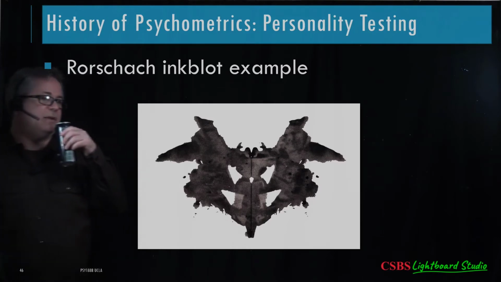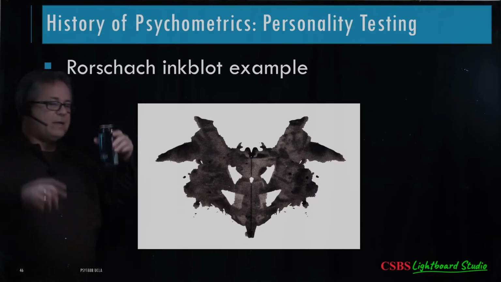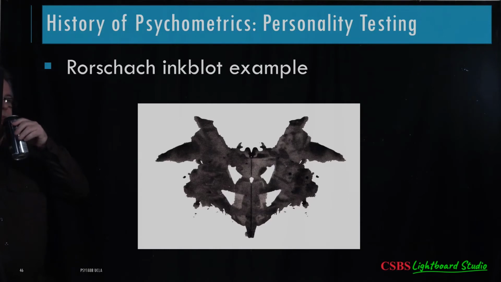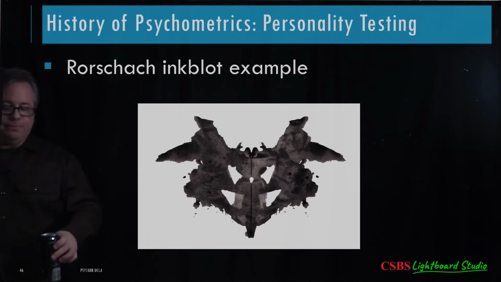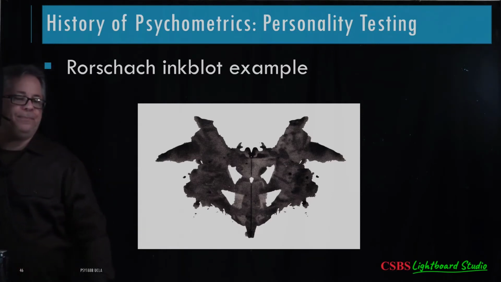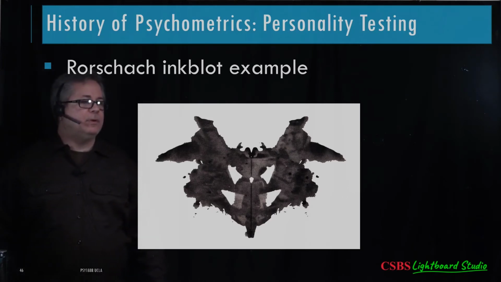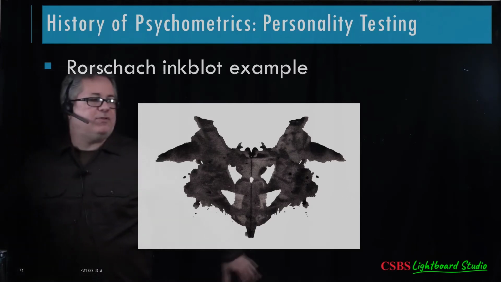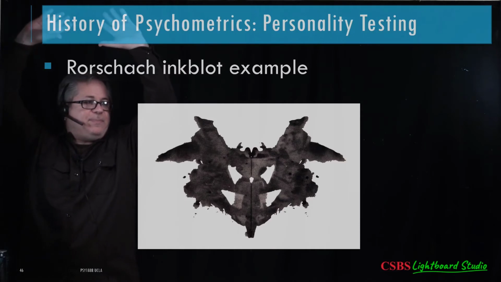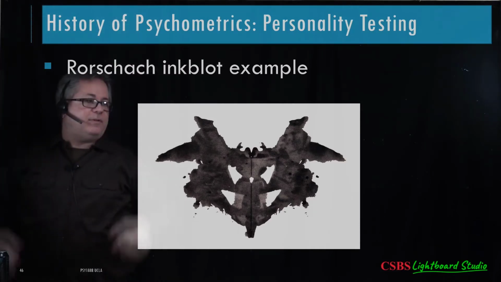A beetle thing. Okay, I can see the little pinchers at the top. What else? Anybody else see something else? Yeah, or one angel with their wings out and their arms up, looking up. Yeah, I see that too.